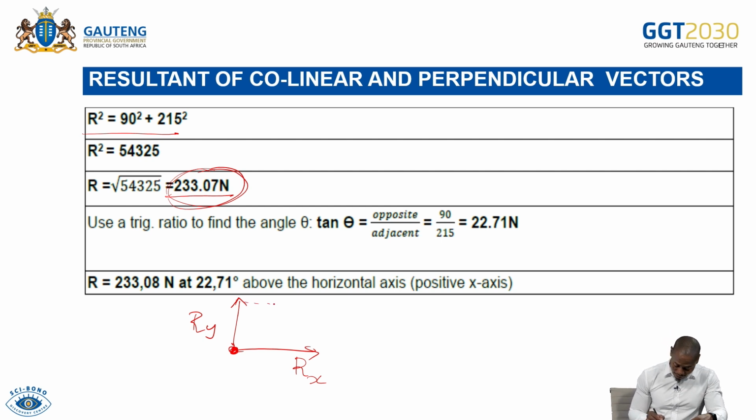So this is still your Rx. This is still your Ry. Okay, this is the parallelogram method. Forces drawn tail to tail. Okay, then from here, how do we draw the resultant? Resultant is drawn from the two tails to the two heads.